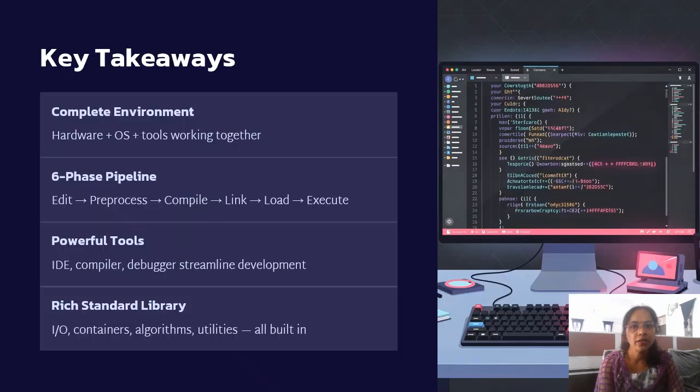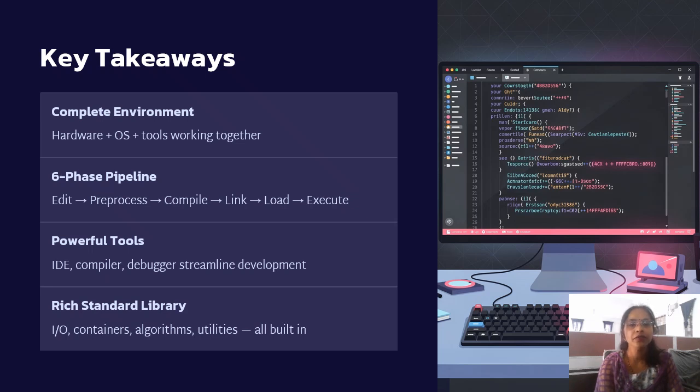Now the key takeaways. Let us conclude my presentation. First, we discussed the C++ environment. The C++ programming environment includes hardware, operating systems, and tools working together. Second, in the next slide we will discuss the six phases of the pipeline: edit, pre-process, compile, link, load, and execute.